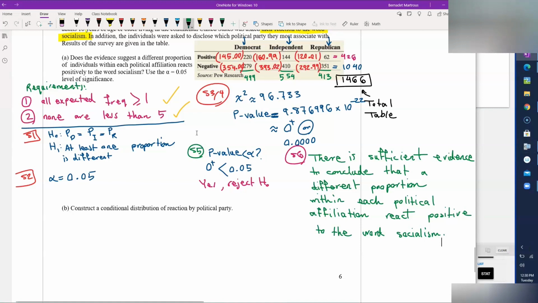So we rejected null, meaning that we're going to use alternative instead, and for alternative we have at least one proportion is different.